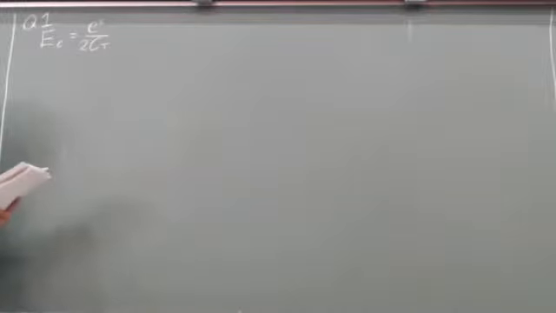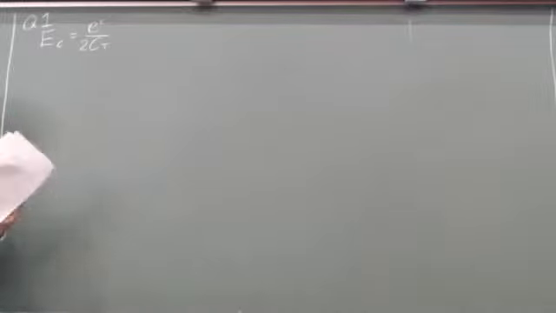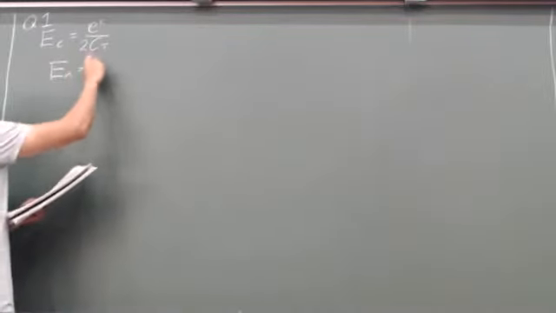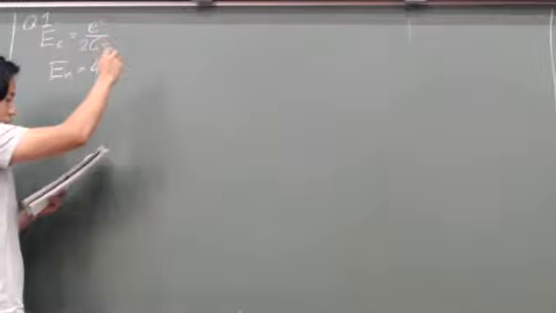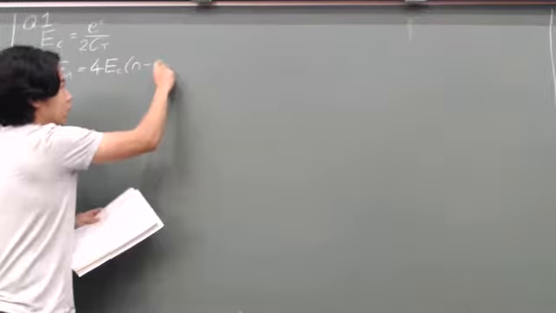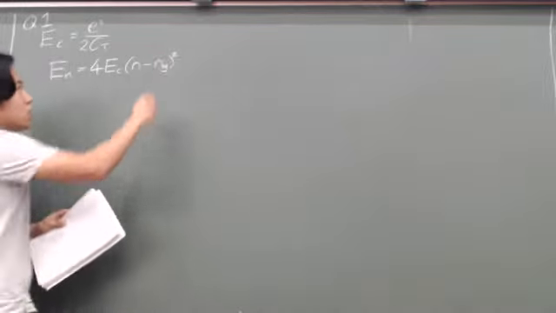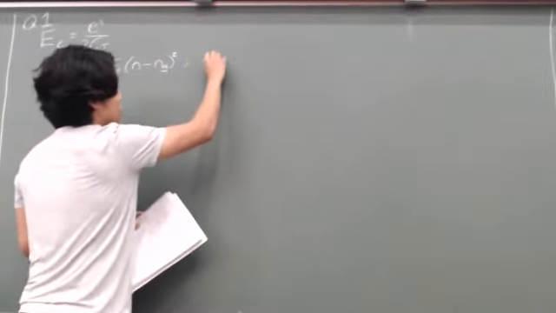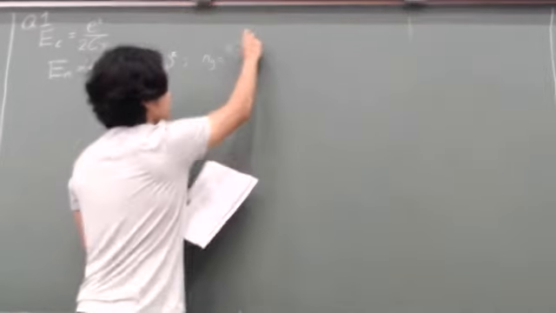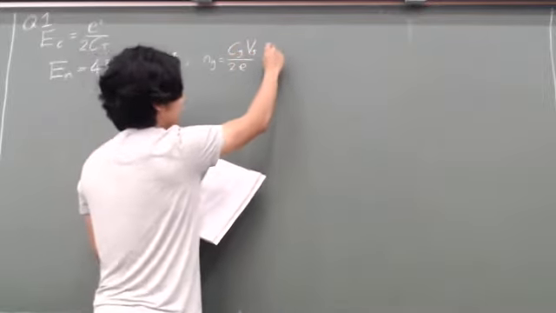And then you set up some pretty cool stuff that I don't really understand, but at the end of the day, you get told that the energy levels in the system given by E sub n is 4 times this charge energy times the energy level n that you care about minus n gate squared. So this ng is a gate voltage, and it's defined as the capacitance of the gate times the actual physical voltage of the gate divided by 2e. So the dimensionless gate voltage.